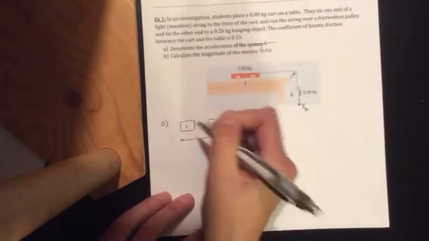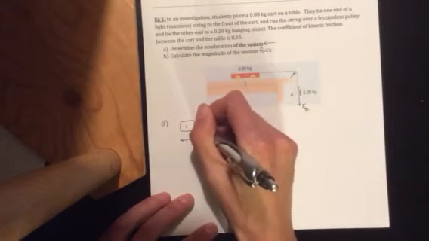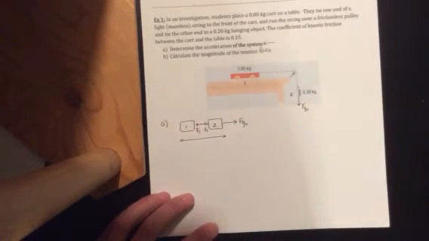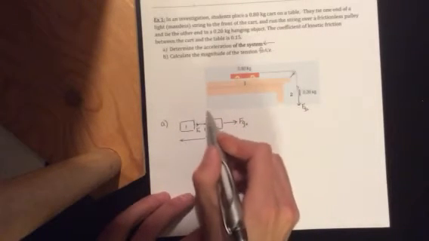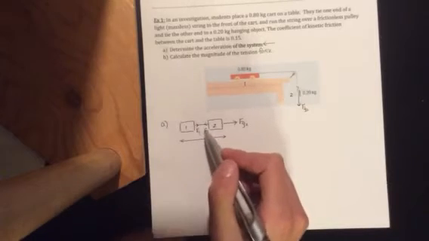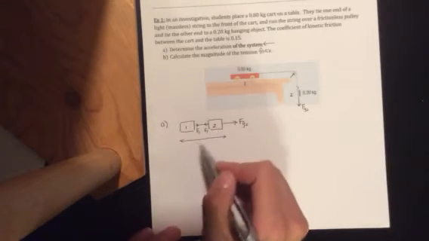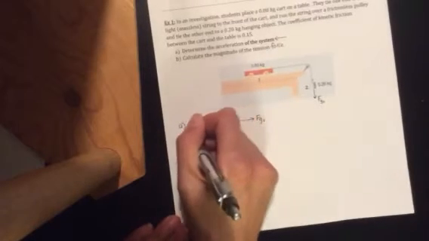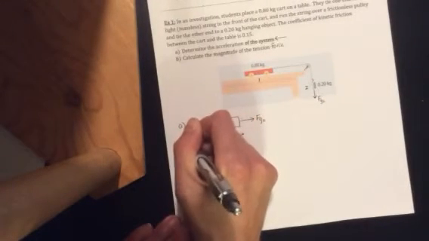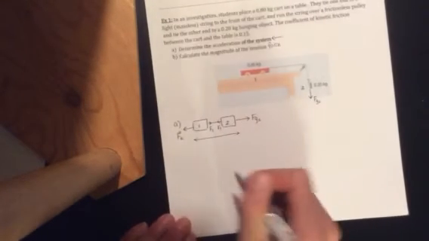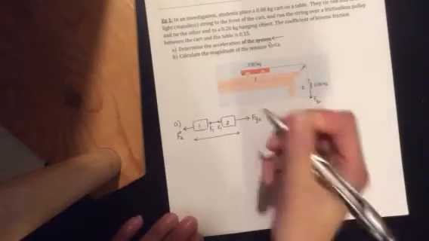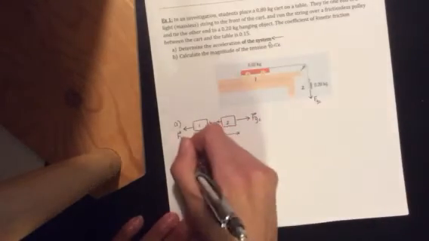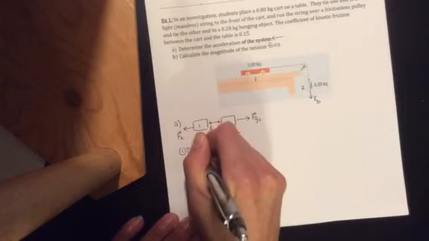And then the other one, of course, we have tension in the middle, but because these are acting within the system, in between the two objects, they're going to cancel out and they're not going to contribute to the acceleration. And then the new one we have here is this kinetic friction force acting opposing the direction of motion. Okay. So step 1 would be to draw the system diagram.